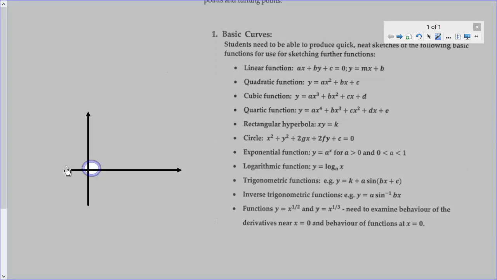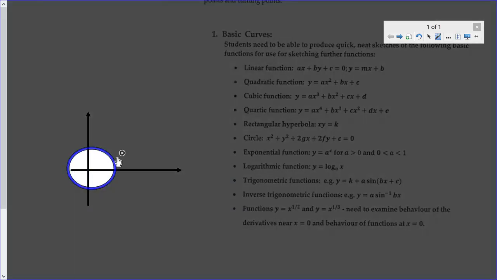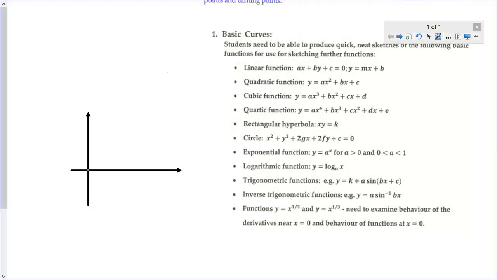And around this area, we end up with a vertical tangent, which has an infinite gradient, and that's significant.